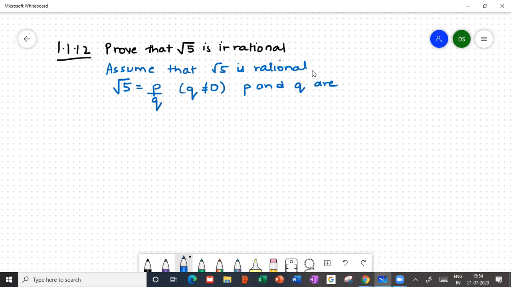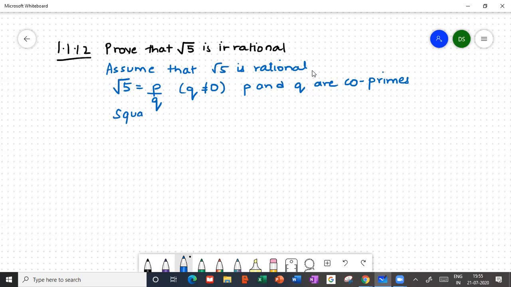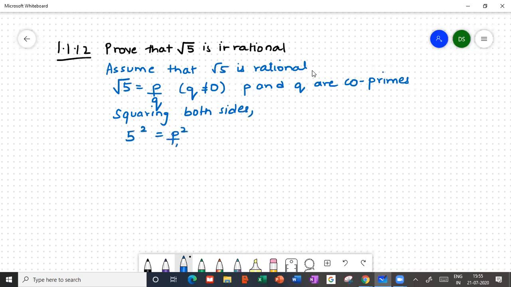That means that 5 is equal to P square upon Q square. I'm just going to write a step here, squaring both sides. So 5 square is equal to P square by Q square. Oh, sorry, not 5 square. It will be just 5.